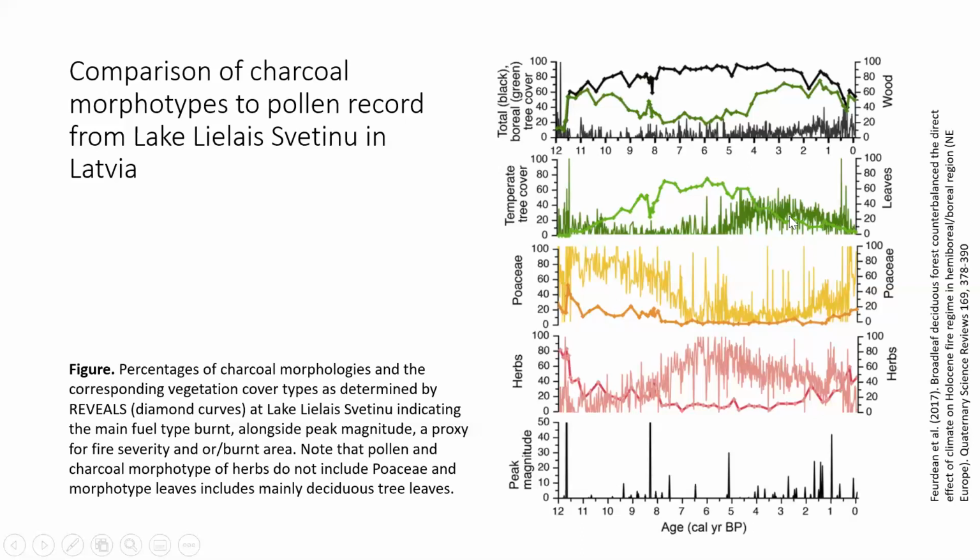This is just a temperate tree cover here, while here we can see more burning grasses and so on. So then by using these morphologies, they've been able to make reconstructions of what kind of vegetation has actually been burning in the area.